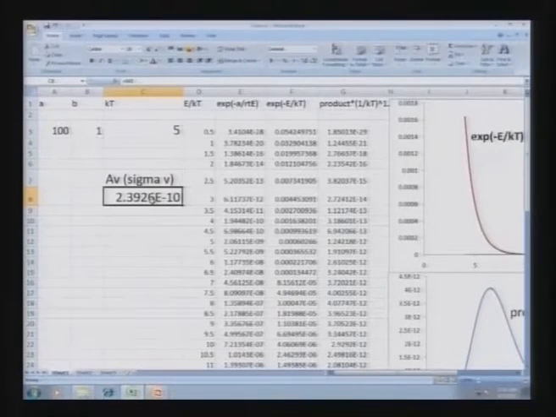So, initially this sigma v increases with temperature, but if you increase the temperature beyond a certain limit, it decreases at very high values. So, I am going to the board now for 2-3 minutes.